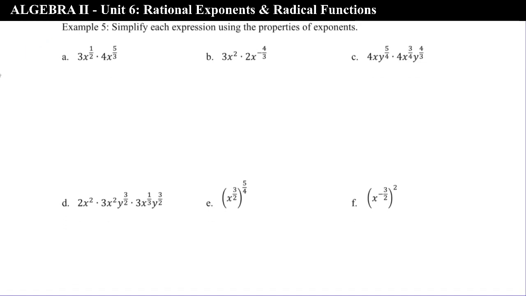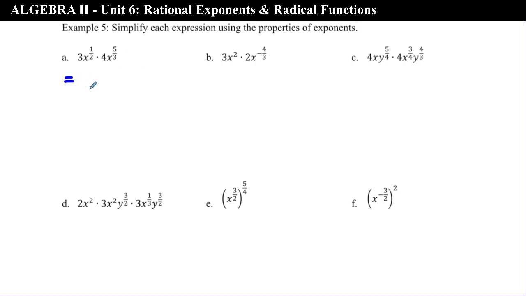So let's simplify each expression using the properties of exponents. This is not nearly as bad as it looks. I know it looks complicated because we have exponents that are fractions, and I know how you feel about fractions. But hang with me here. For A, we're just simplifying.